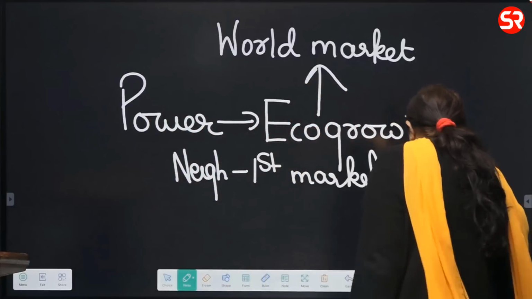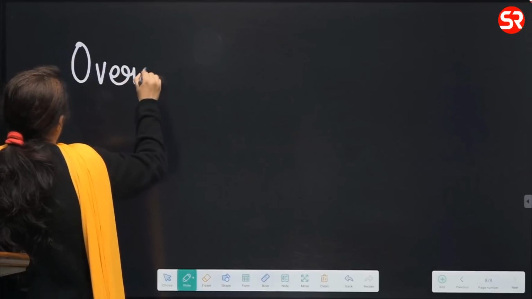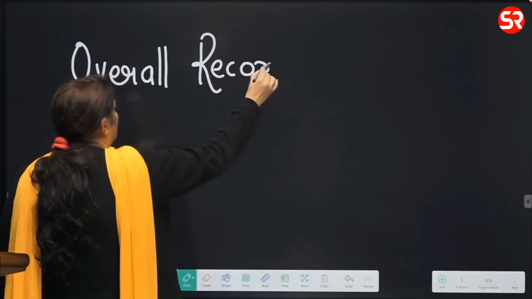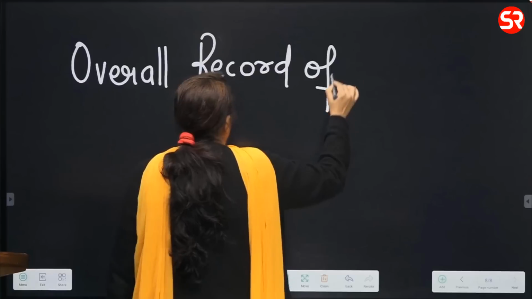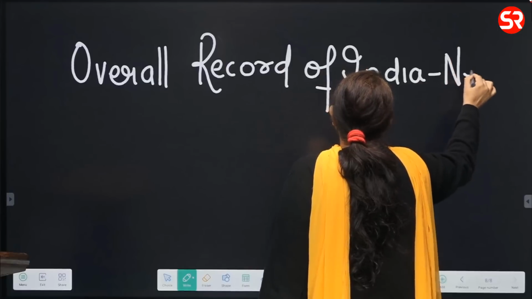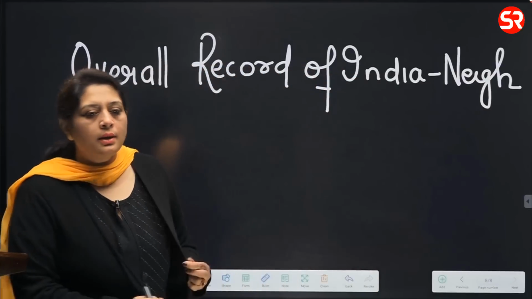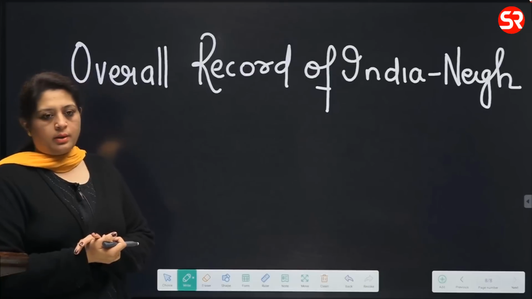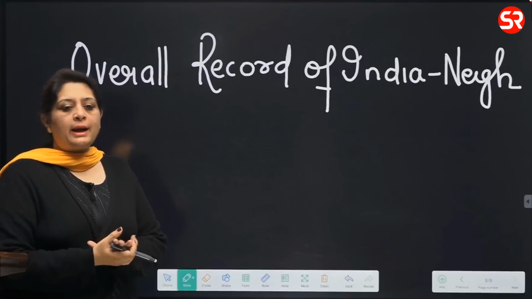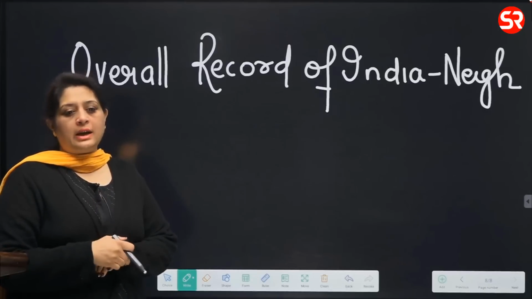Now, if we take the overall record of India dealing with its neighbors, we can say that things are not so bad, in the context of the amount of challenges we have.